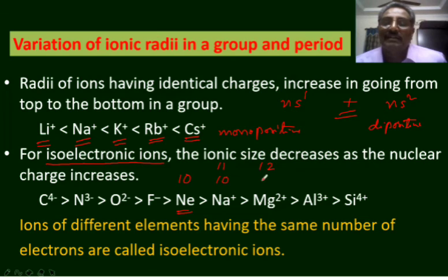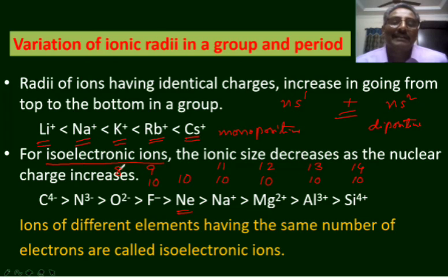Magnesium has 12 electrons. If 2 electrons are removed, 10 electrons are present. Aluminium has 13 electrons. If 3 electrons are removed, it also has 10 electrons. Silicon has 14 electrons. In the formation of Si4+, there will be 10 electrons. In the same way, fluorine has 9 electrons. Fluoride ion has 10 electrons by the gain of 1 electron.